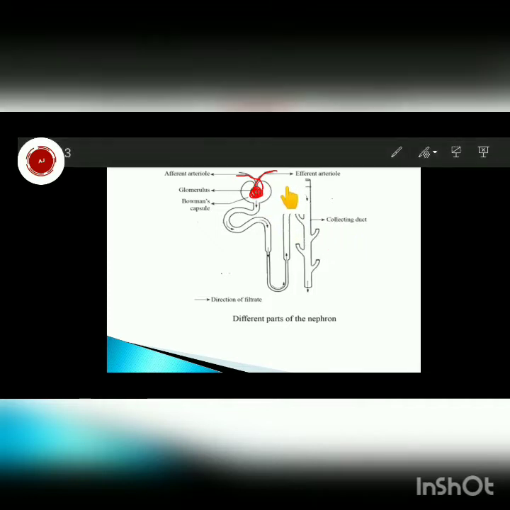Now this arteriole which comes out from the glomerulus wraps around the tubule. It covers the entire tubule and, at some places, the collecting duct also. Why, you will come to know when we talk about my function. So this is the entire structure of the nephron.